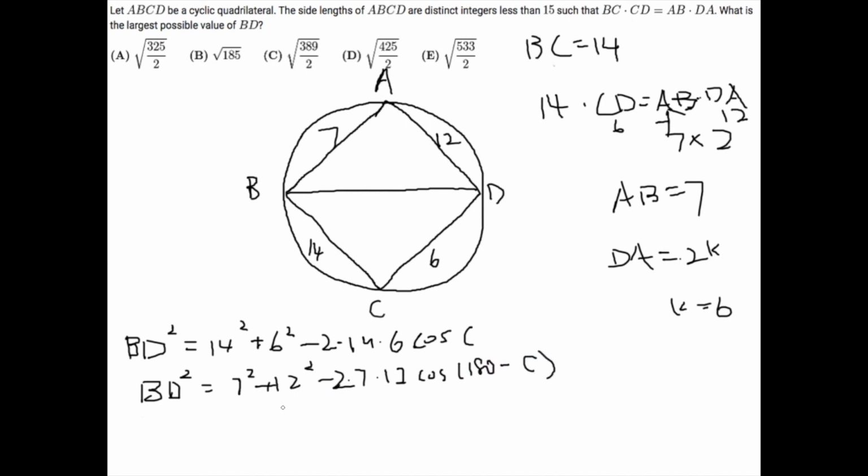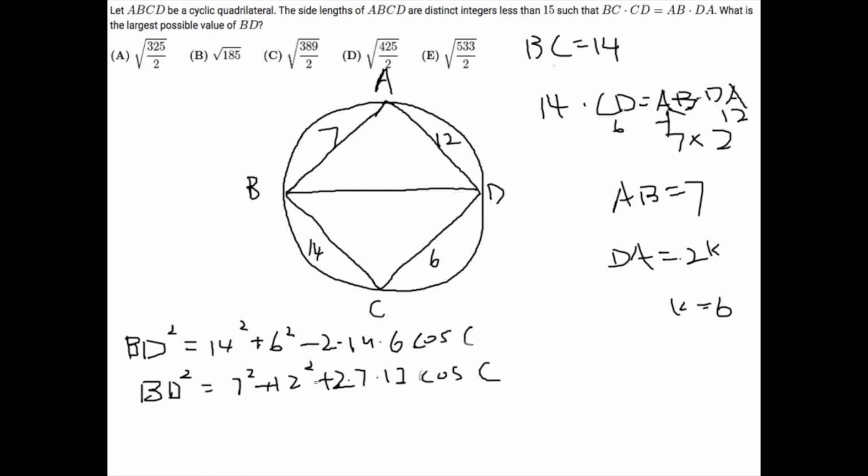Now, cosine of 180 minus C is just going to be negative cosine C. So we can change that, and this is actually going to be plus 2 times 7 times 12 cosine C.